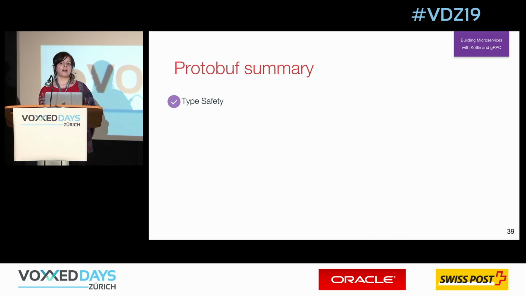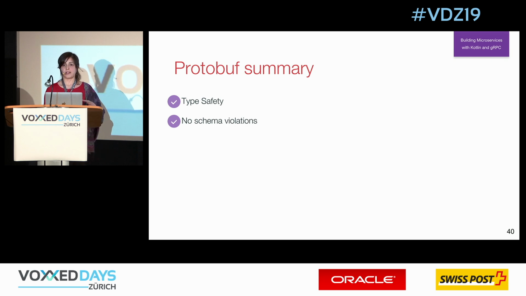So let's summarize what protobuf is and why it's so efficient. First of all, as you compile it to your language, and if your language is type-safe, for example Kotlin or Java or Scala, your communication is type-safe, because you won't pass a wrong message, because you have a compile time error. And according to this, you won't violate your schema, because your service is compiled to the interface of your language.